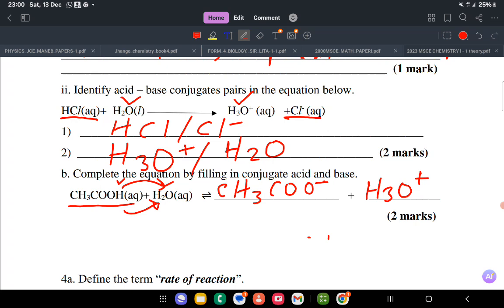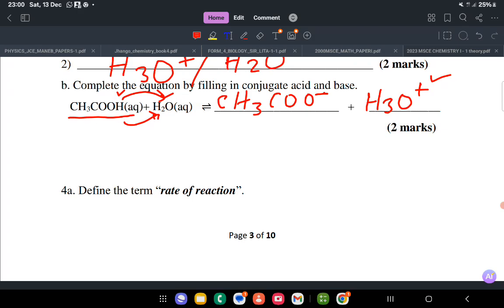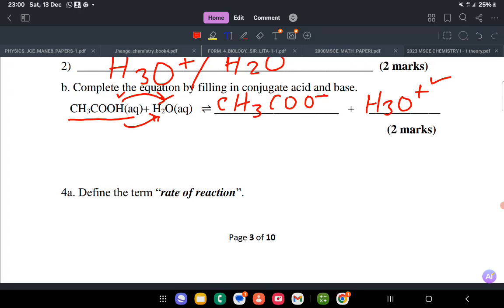It will make 3 H. And since a proton is positive, therefore the charge there is going to be positive as well. All right, any questions? If you have no questions, thank you very much.